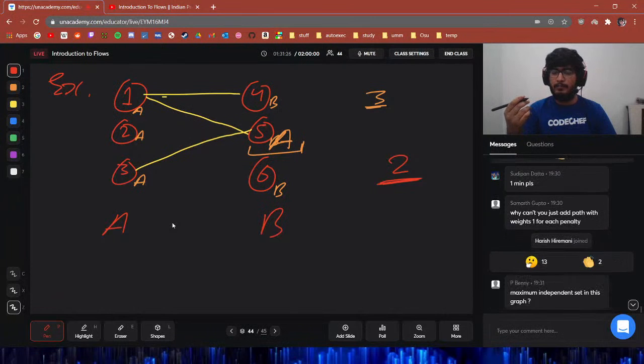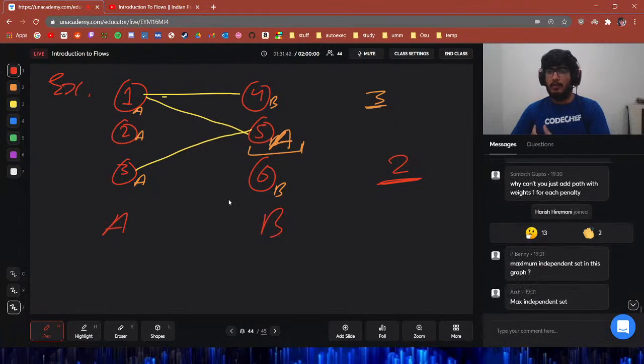Maximum independent set in this graph. You can try to think in terms of that, but basically we have to boil it down to a minimum cut problem, right? So let us not go into independent set or that sort of stuff. Maximum independent set. Yeah, that is what is going to happen. So let me tell you how to model this as a minimum cut problem.